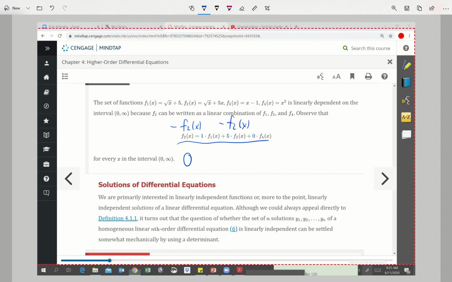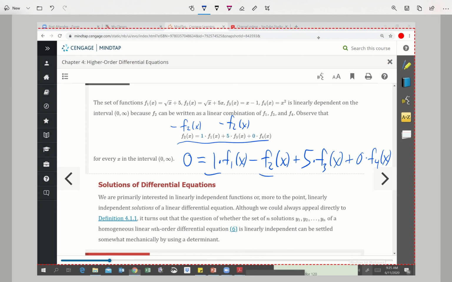That gives us 0 on the left-hand side, and now I have 1 times f1 of x minus f2 of x plus 5 times f3 of x plus 0 times f4 of x.